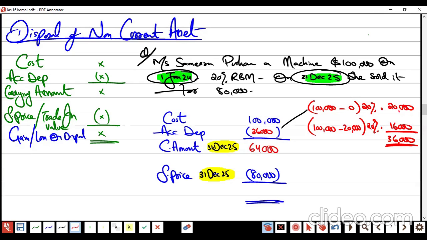The carrying amount is below the economic benefit expected. Expected benefits are 64,000 while the selling price is 80,000. Are we happy or are we sad?